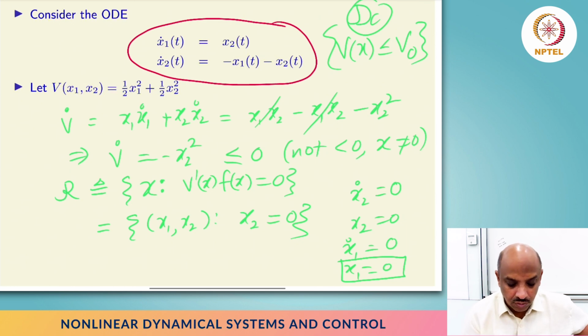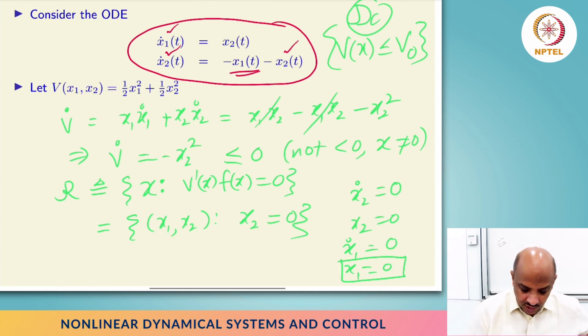So therefore, we can conclude on that invariant set x1 dot is 0. Then we come to the second equation that says, I know that x2 is 0. But x2 is 0 also implies x2 dot is 0. So therefore, x1 is 0. So if x1 is 0, then x1 dot is going to be 0 for free. It's additional information that we get. So x1 is 0. What does this tell me?